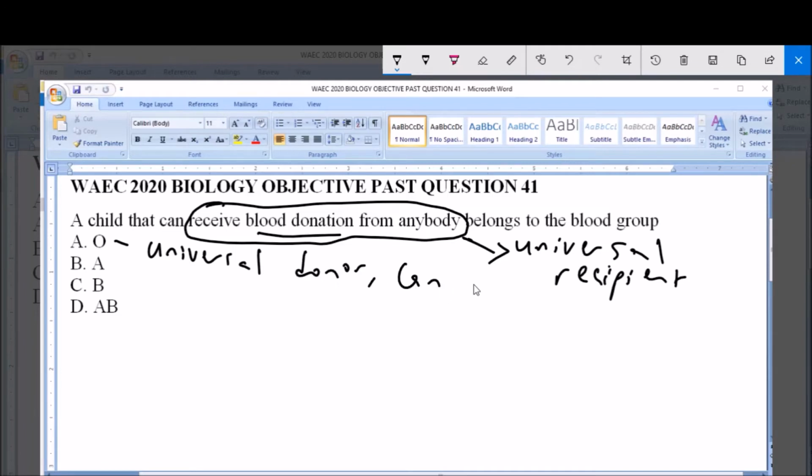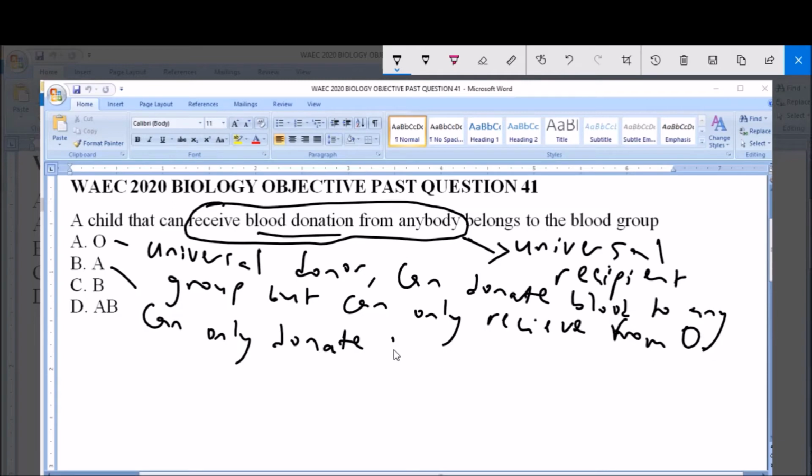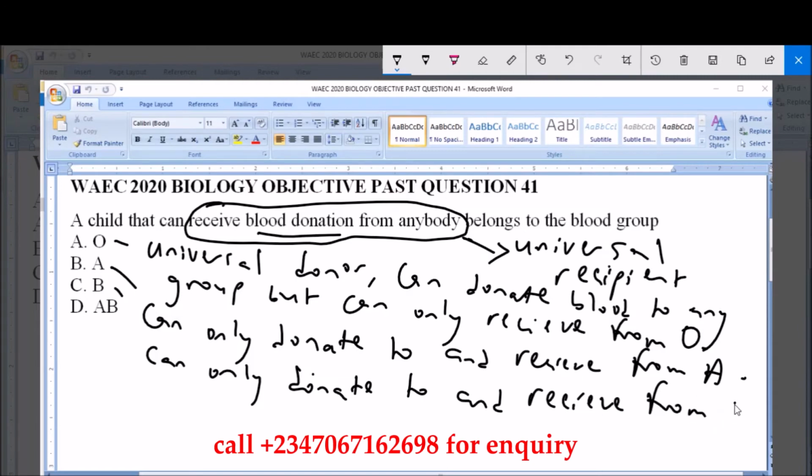That means they can donate blood to any of the blood groups, but can only receive from the same blood group O. Any of the blood groups can receive blood from blood group O. Now, option B, which is A, the blood group A can only donate to and receive blood from blood group A. Likewise, blood group B can only donate to and receive from blood group B.